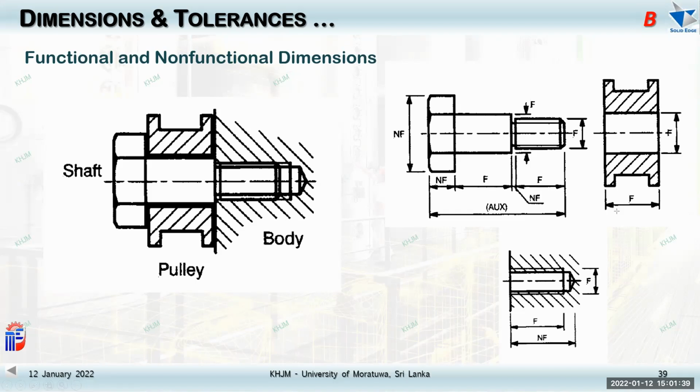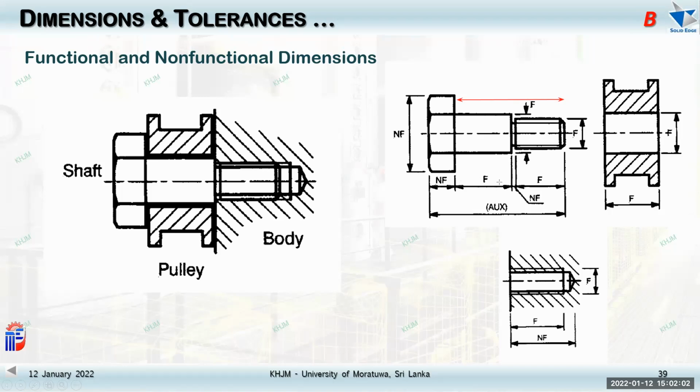You give this dimension F, and then you define this dimension over here. You can derive that dimension, right? So this is going to disappear. Then you manufacture this one to the required tolerances. At that time, some of the parts can be out. Why?